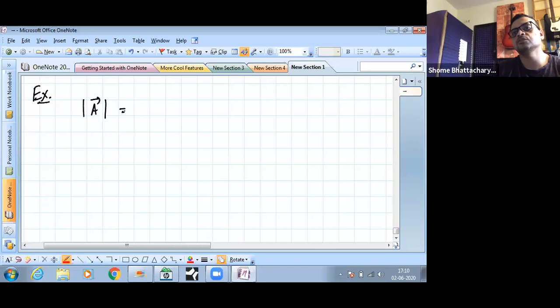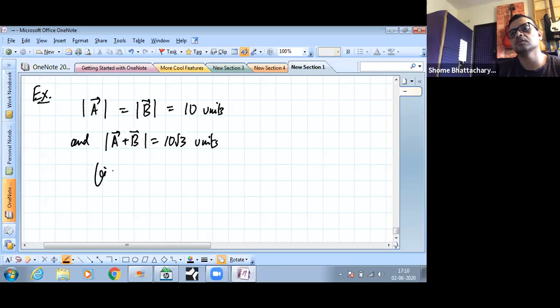Magnitude of A is equal to magnitude of B is equal to 10, and magnitude of A plus B is 10 root 3 units. So find mod of A cross B and A dot B. And let's do another one.